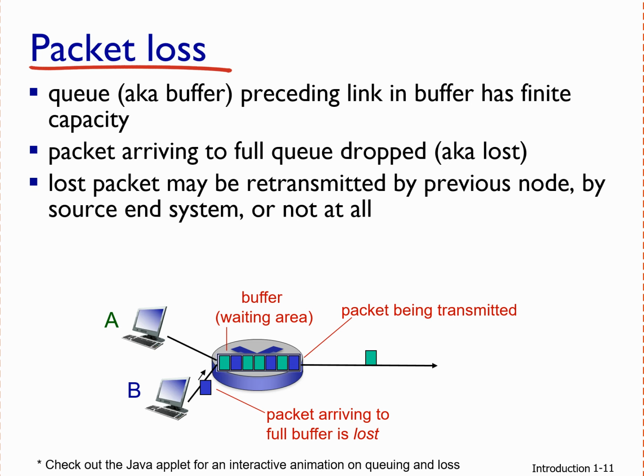In that case, these lost packets can be retransmitted by the source or by the previous node, or maybe we can forget about it and not transmit it at all. That is based on the router techniques we used, how the network is set up, and how important that packet is.